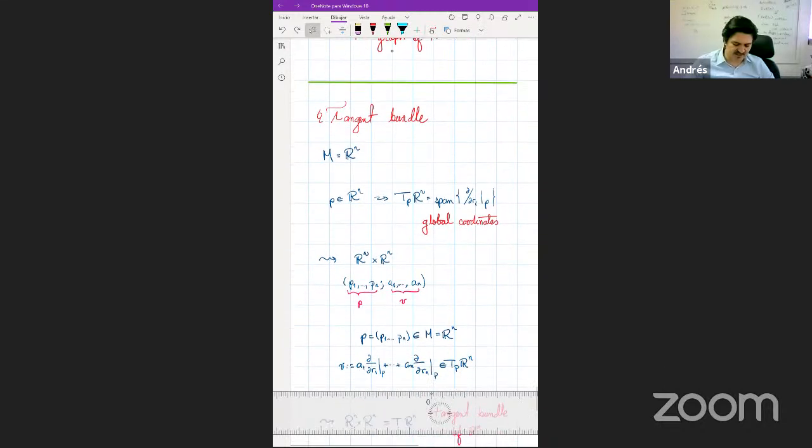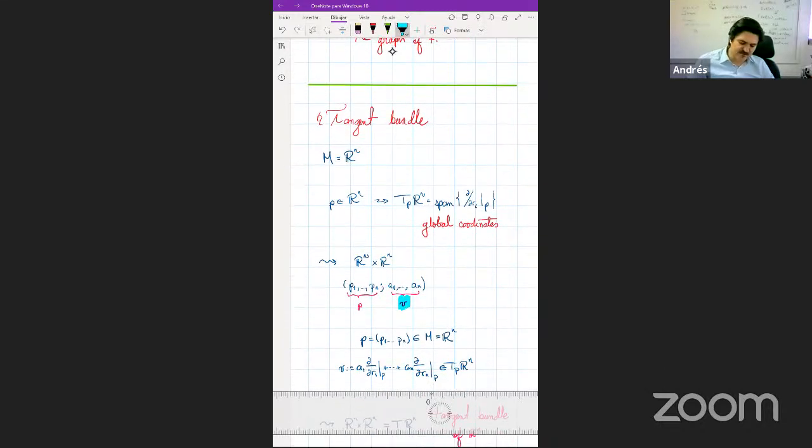So if I have a point, this vector, usually written like this in the notation that we have been using, corresponds to this.